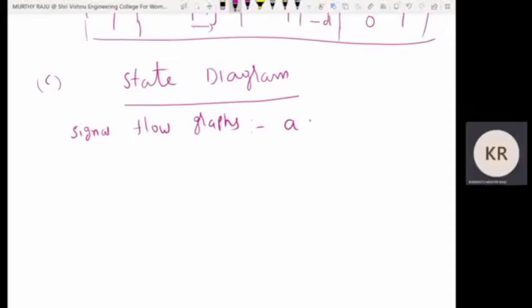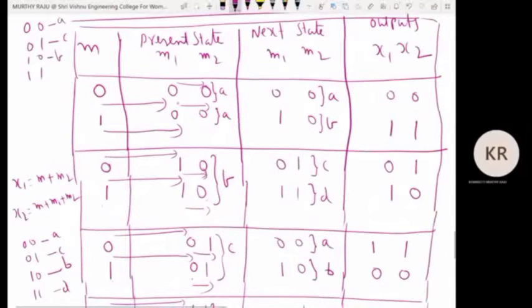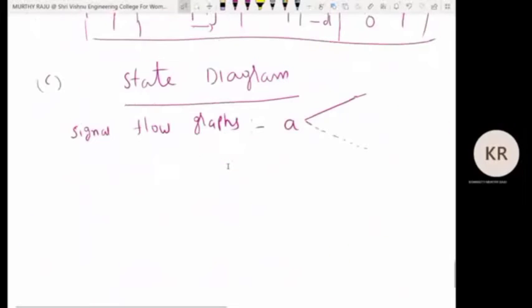State A has two possibilities. Input bit is 0: you are in state A, input bit is 0, next state is A with output 0 0. 0 0 is indicated on this line.